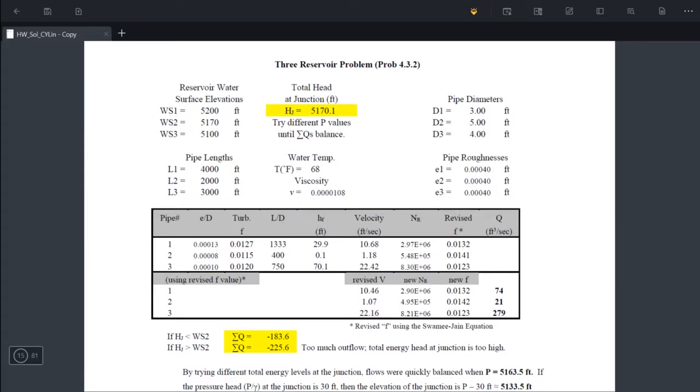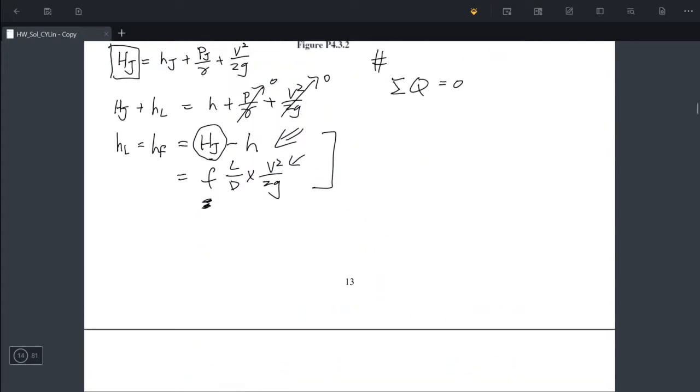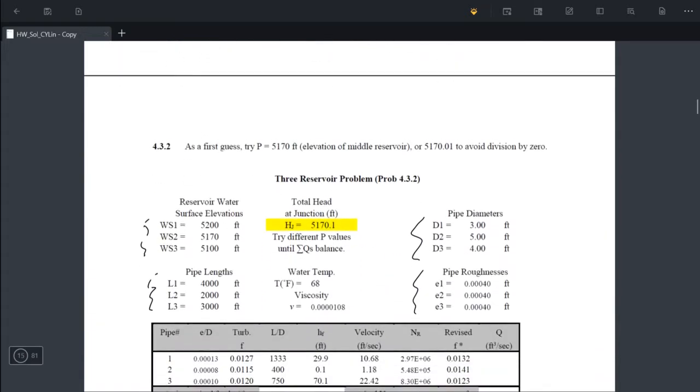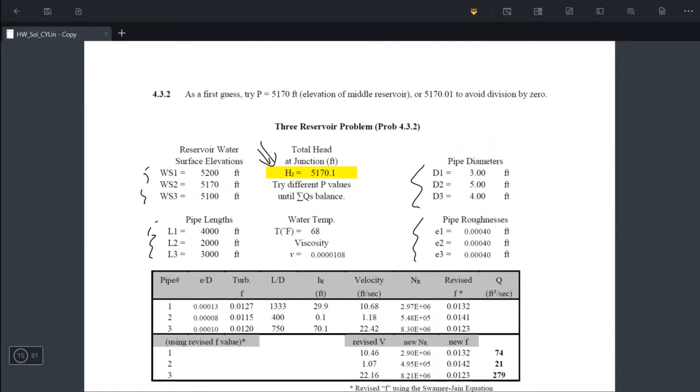On top of the table is just the information that we got from the problem: the surface elevations, the pipe length, the pipe diameter, and the pipe roughness. And as I said, in this equation we have this Hj, the total energy at the junction, but we don't know that. So here we first make an assumption and then we update that after we calculate the flow rate.